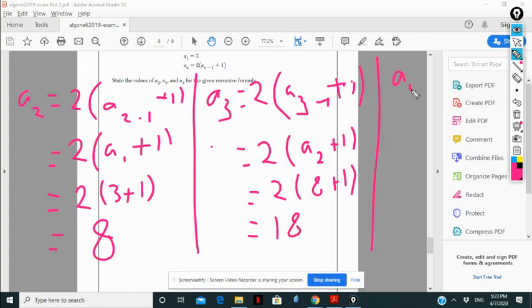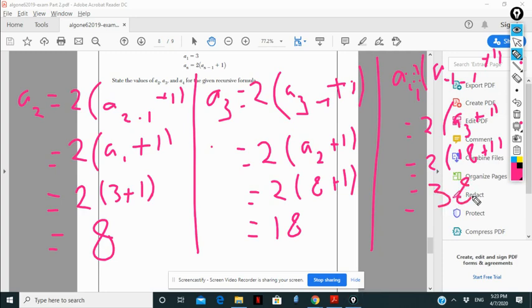For A4, it's 2 times a(4 minus 1) plus 1. So it's 2 a3 plus 1. So it's 2 times 18 plus 1, which is 38. And these are the values for a2, a3, a4.